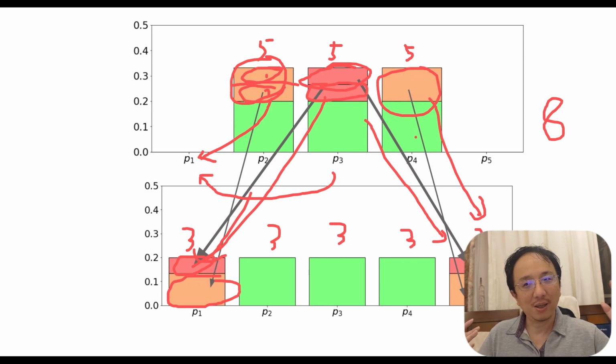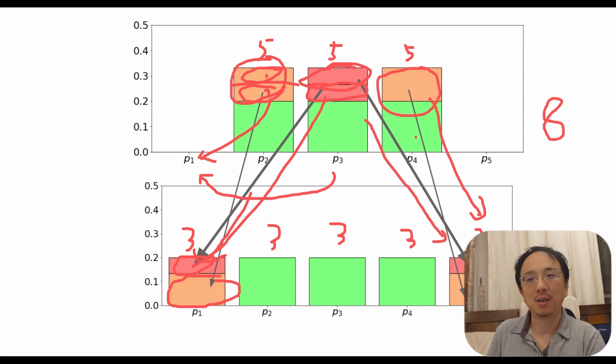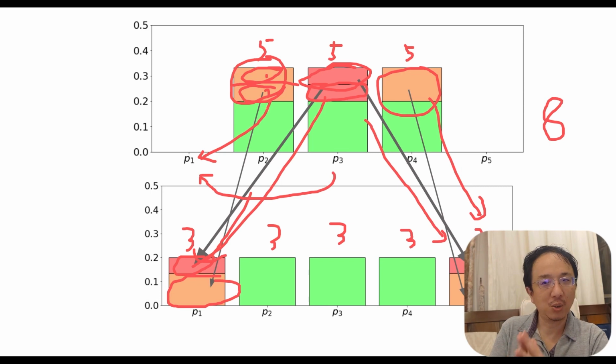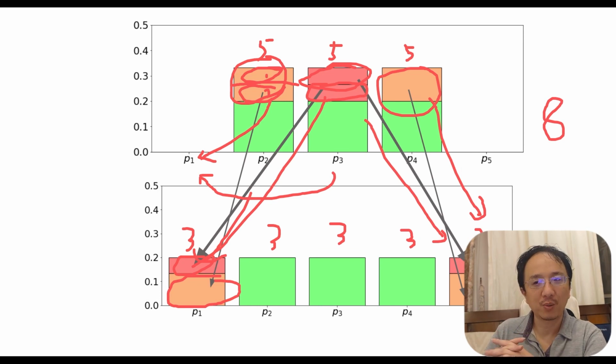So this is exactly what the Wasserstein distance or Earth mover distance is. It asks what is the cost of changing one distribution into another. How much cost if we want to move one distribution and adjust it to another. So what is the minimum cost?